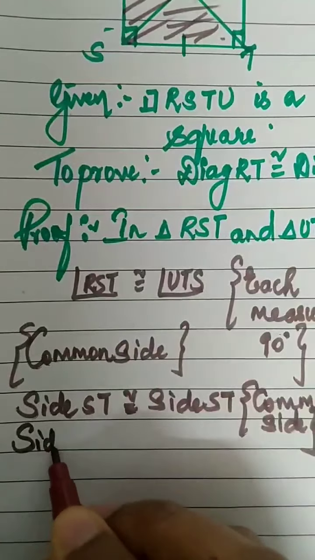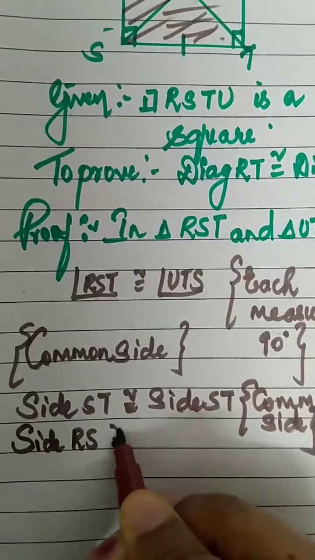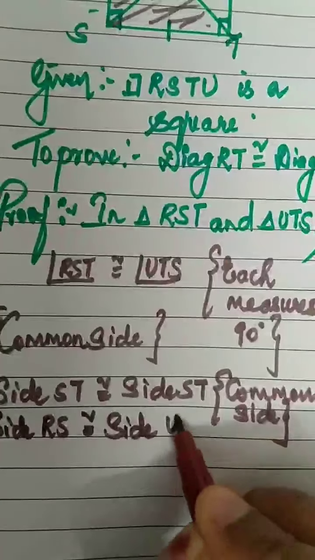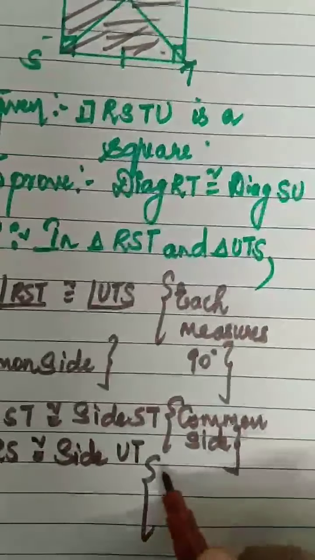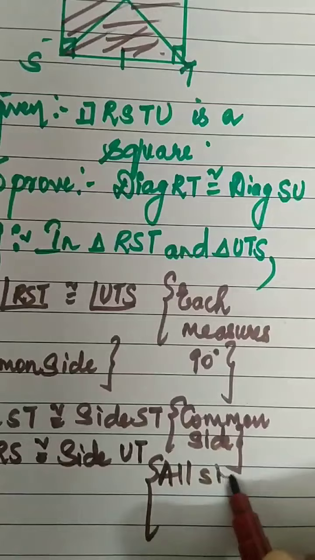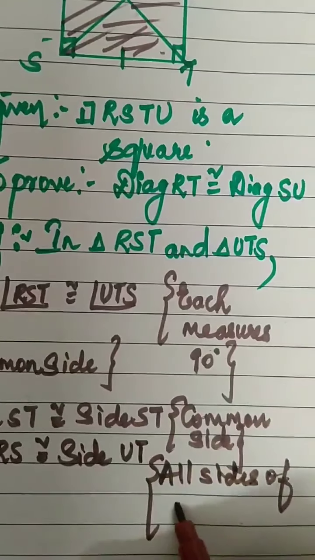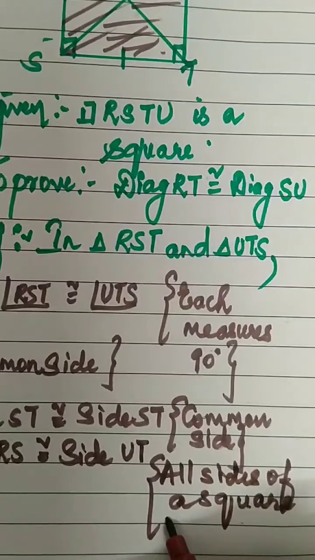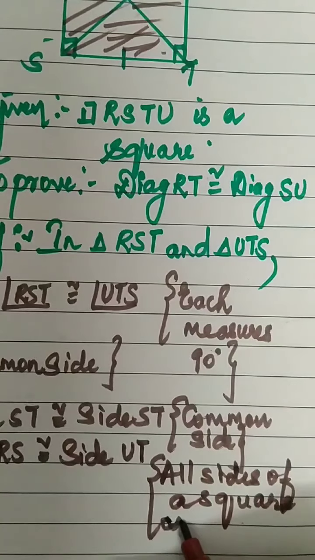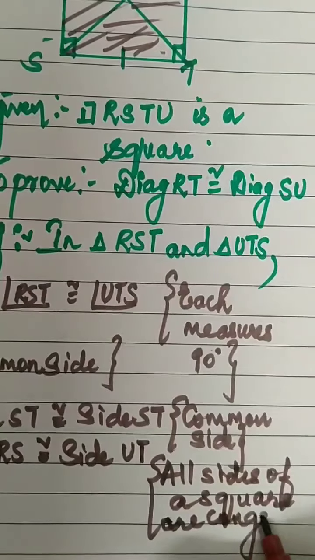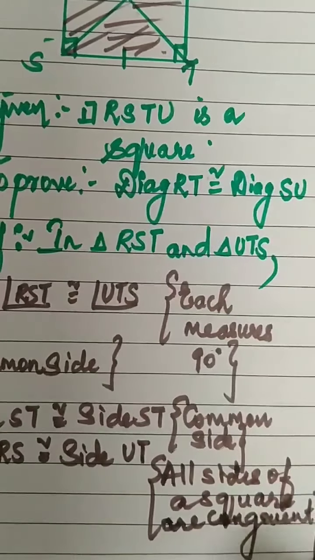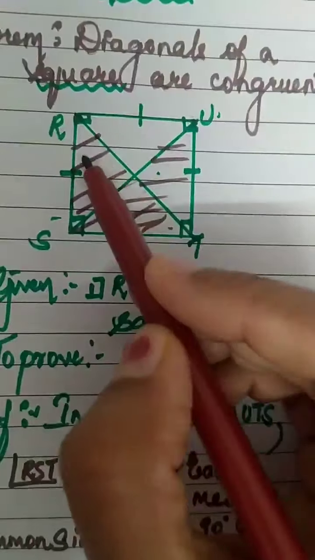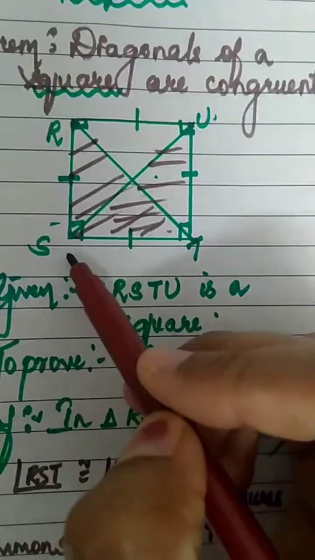Side RS congruent to side UT. What will you write as the reason? All sides of a square are congruent. This property you have to write. So we got 3 points to prove that triangle RST is congruent to UTS.